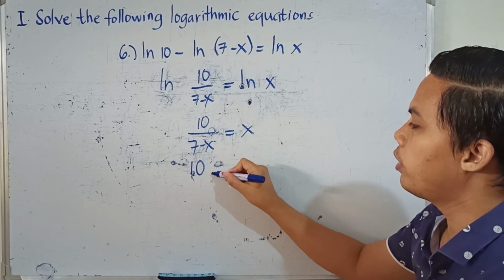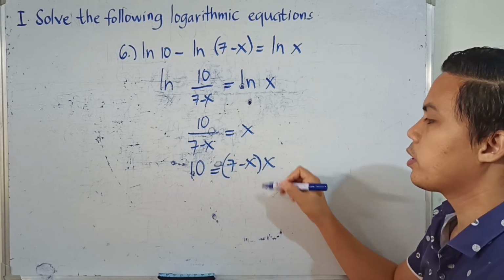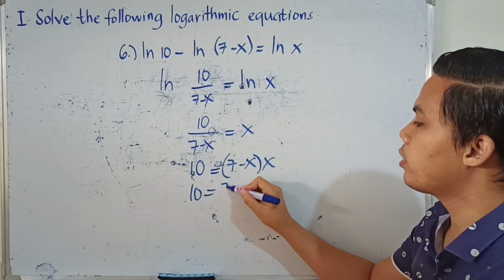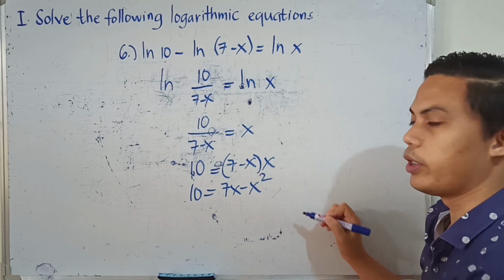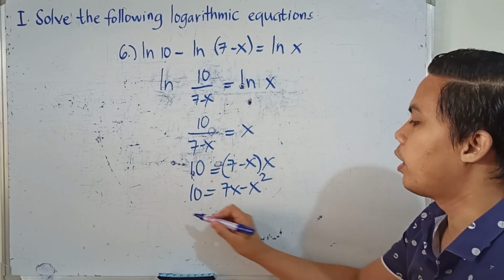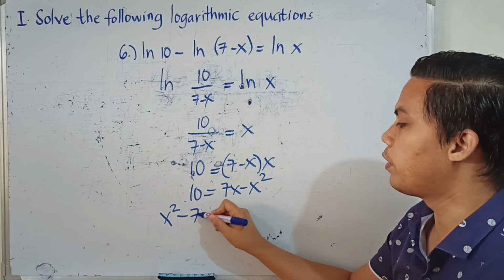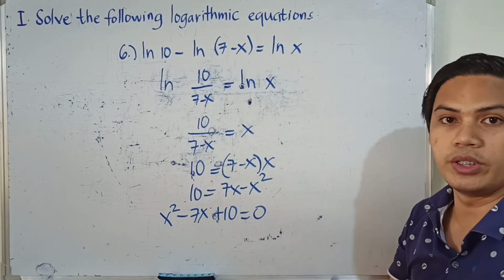So we have 10 is equal to 7 minus x times x. So we have 10 is equal to 7 times x, that is 7x, and x times negative x, that is x squared. We move everything to the left side of the equation. We have x squared minus 7x plus 10 is equal to 0.